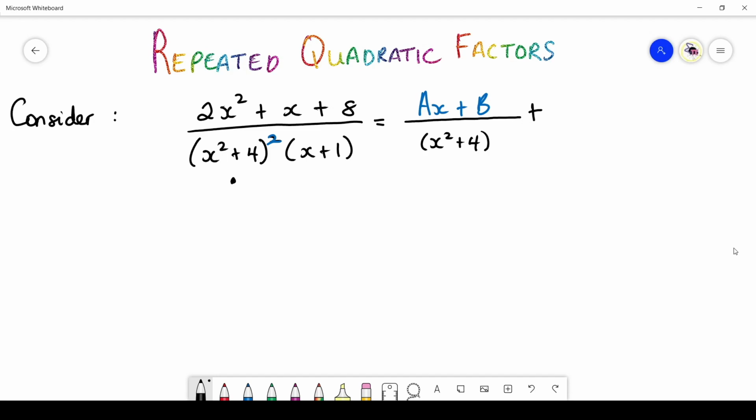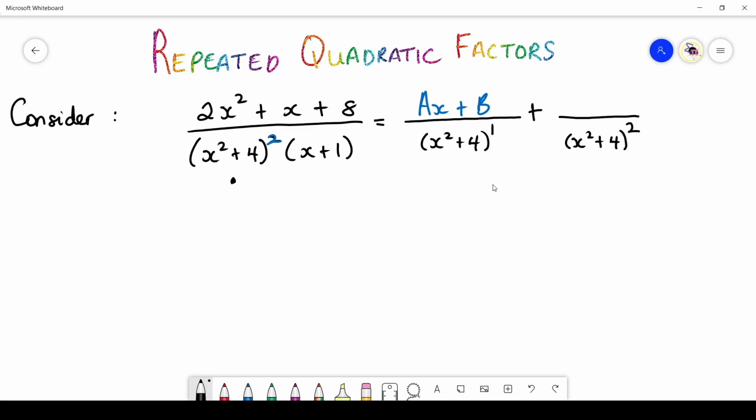Anyway, guys, so yes, I was saying when you're splitting repeated factors, the power tells you how many splits you're going to get. So in this case, we're going to have a second one related to that repeated factor. And remember, when you're splitting repeated factors, you write what's within brackets. You start from the power of 1, and then you keep increasing till you arrive at your designated power that exists there.